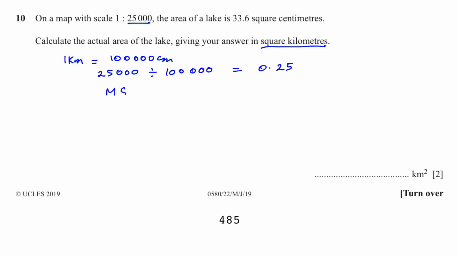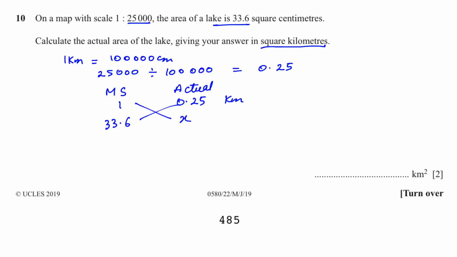After that, write the map scale and the actual distance ratio. 1 is to 0.25 kilometer. The map scale area of a lake is 33.6 square centimeters. So 33.6. What is the actual area?